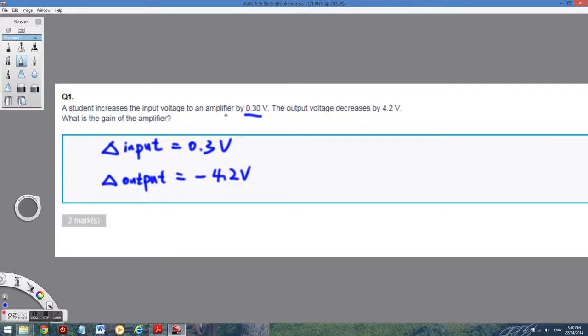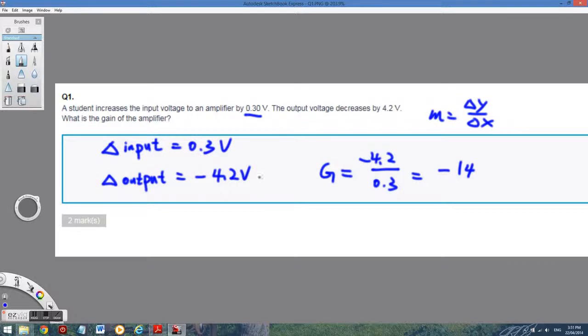What's the gain of the amplifier? Just remember the gain is always the gradient. In math, the gradient is the change in y divided by the change in x. In this case, the gain is the change in output divided by the change in input. You do the math, the gain will be a negative number. I think it's going to be minus 14.